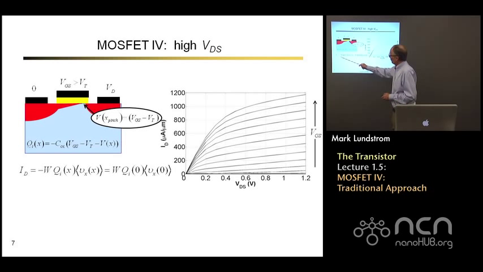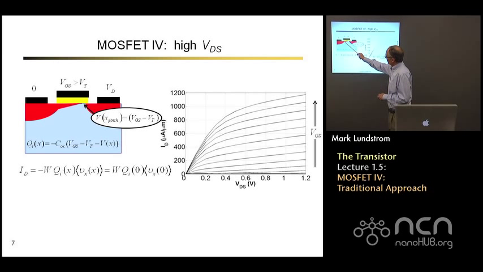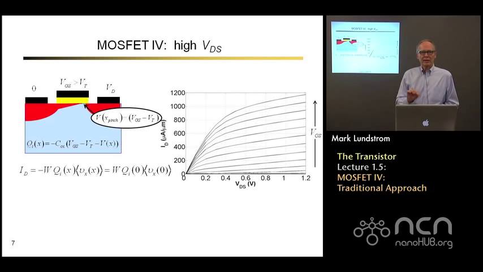Okay, I'll begin with my same current expression, and I can evaluate this now anywhere. Under small drain to source bias, it really didn't matter because everything was the same everywhere in the channel. Under high drain to source bias, the velocity is changing very much from the source end to the drain end, so I have to pick carefully where I want to calculate the current.